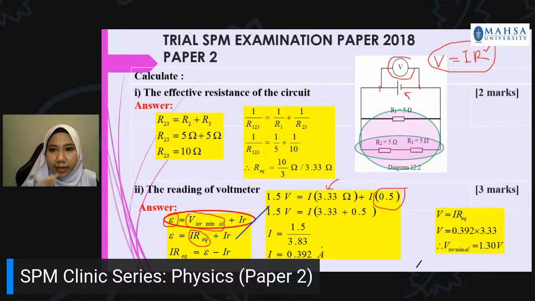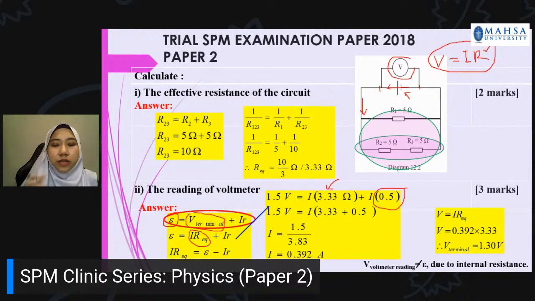So you have your current, which should be the same across the internal resistance and also the external resistor, which is 0.392 times the effective resistance of the circuit, which is 3.33, and then you get the V terminal, or the reading of the voltmeter, which is 1.30 volt.